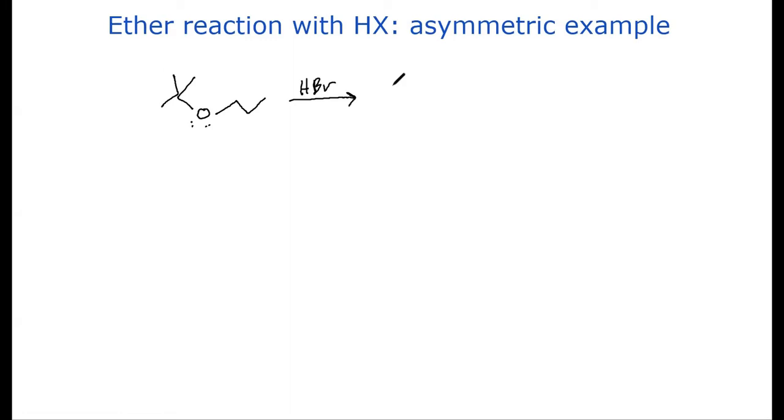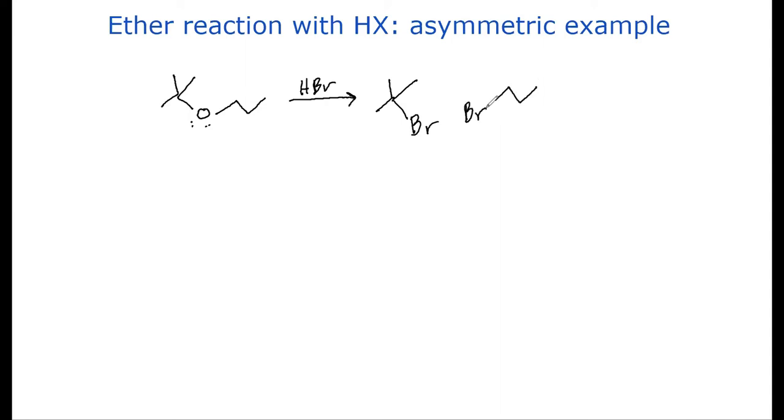Now, the products that we'll get will be the result of cleaving the ether here at the oxygen to produce the two alkyl fragments, in this case, both connected to bromines.